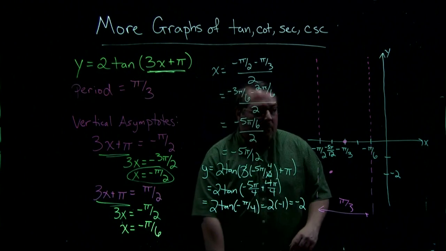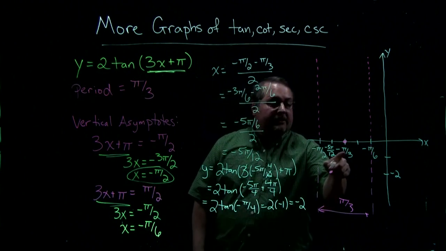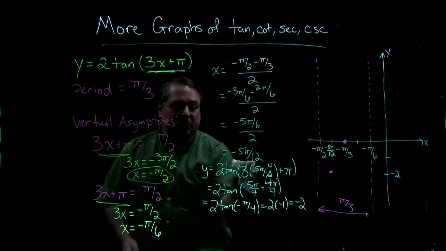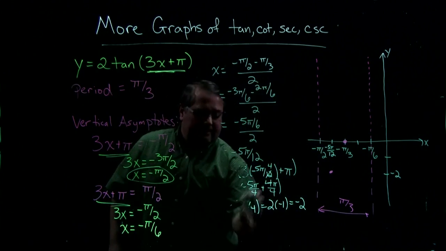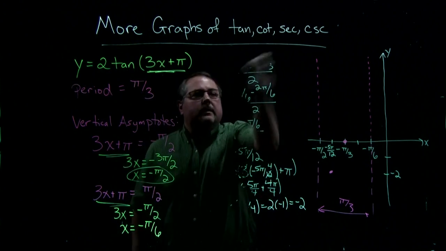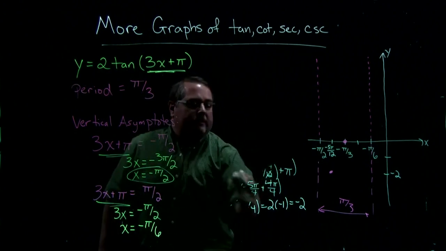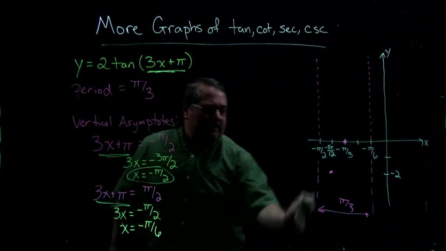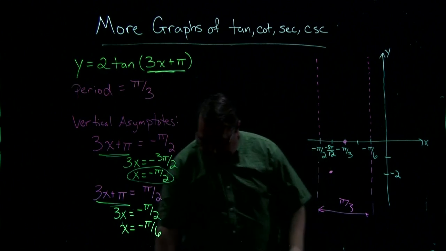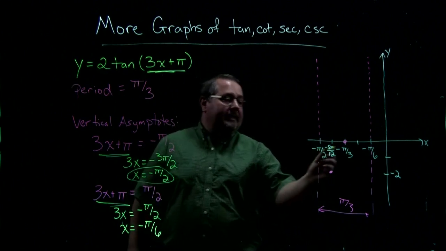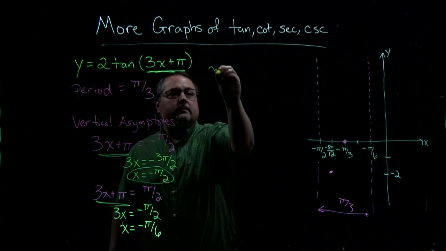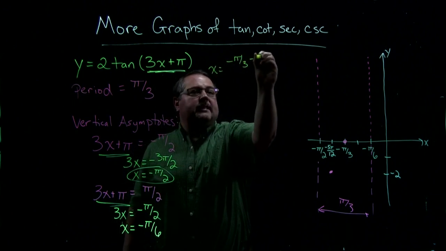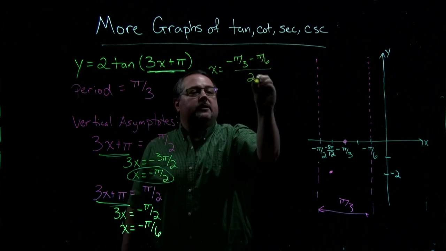And then our last point we'll look at is the one that's in between x equals negative pi over 3 and x equals negative pi over 6. Okay, so we'll do the same sort of thing. Okay, so now to find the x coordinate, we're going to take the average of negative pi over 3 and negative pi over 6. So we add those two together, divide them by 2.